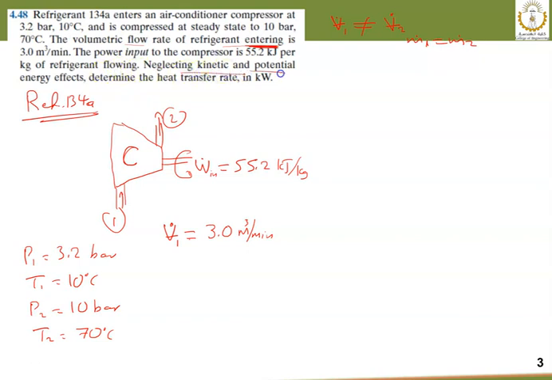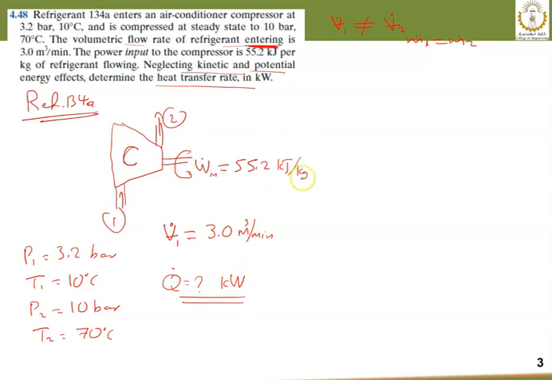Neglecting the kinetic and the potential energy effects, determine the heat transfer. So here we have a compressor, but we still have heat transfer, and we need to find it in kilowatts. So the heat transfer is not always zero with the compressors or the turbine.